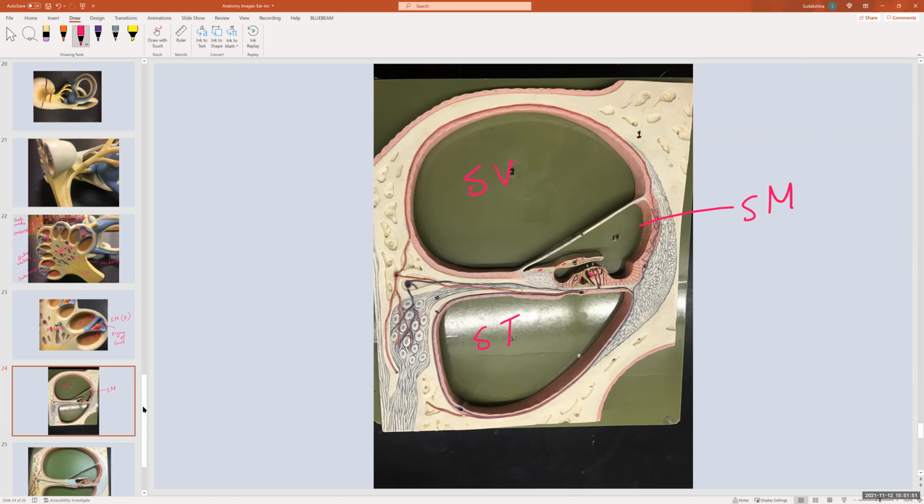Okay. Further, notice that the scala media is basically separated from the vestibuli and tympani via membranes. This membrane between the scala media and scala vestibuli, call that the tectorial membrane. So this membrane here.